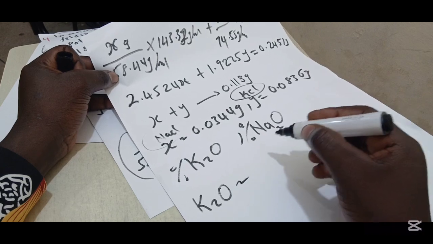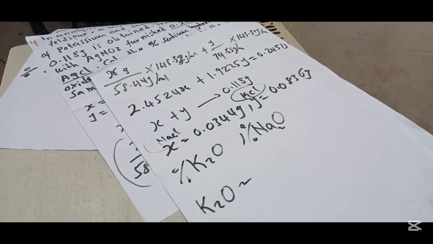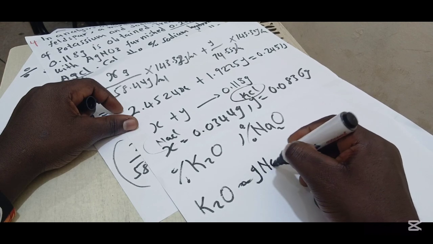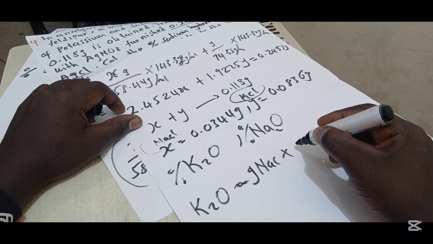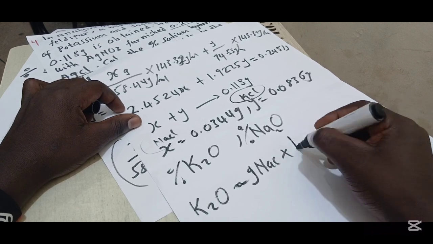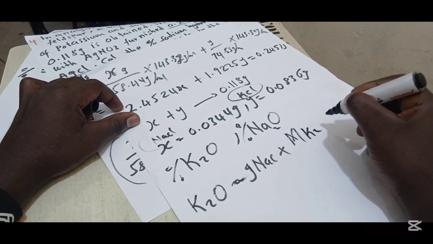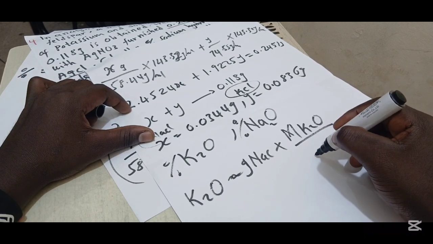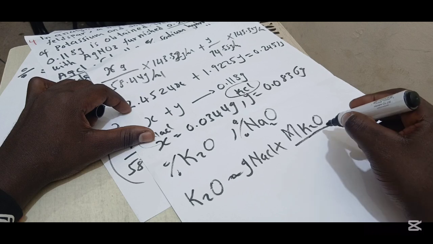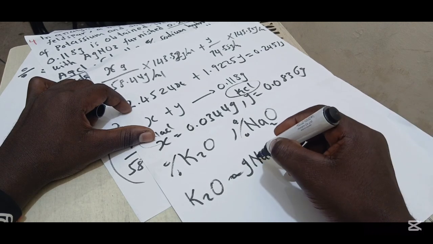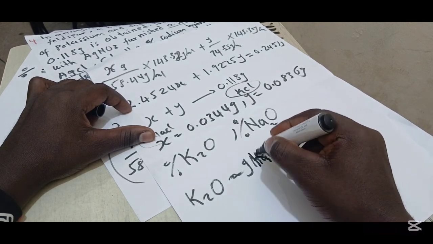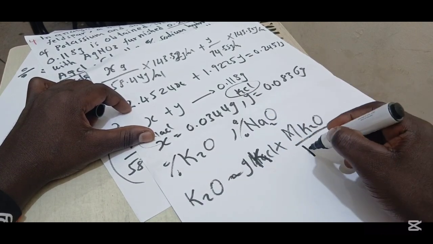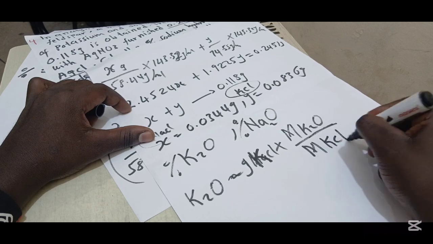It's going to give us the mass of our precipitate, grams of potassium chloride, multiplied by a gravimetric factor. And the gravimetric factor is going to be the molar mass of K2O over molar mass of potassium chloride.